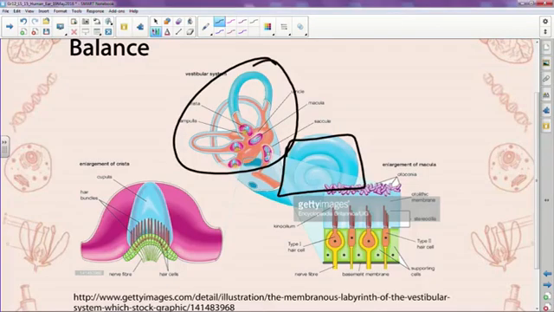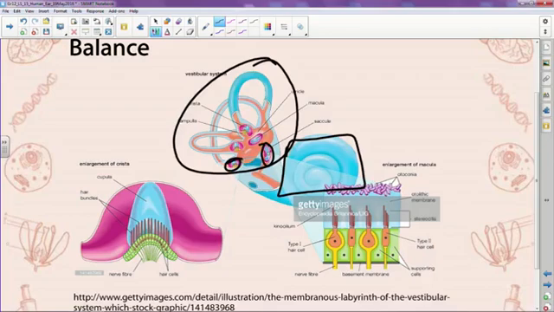Now, firstly, we're going to have a look at the first one, which has to do with left and right movement. You don't have to know these labels and the hairs and all of that as it is here, but you need to know what is going on. If you have a look, the first one is there and the second one is there. That is, remember, your saccule.